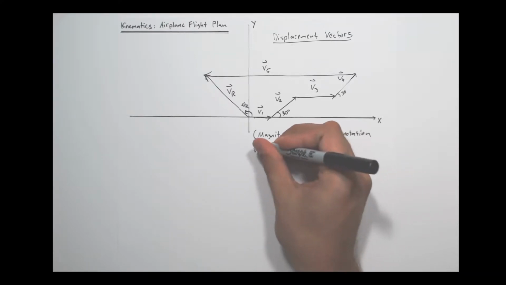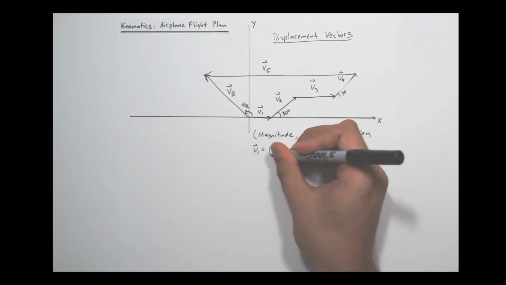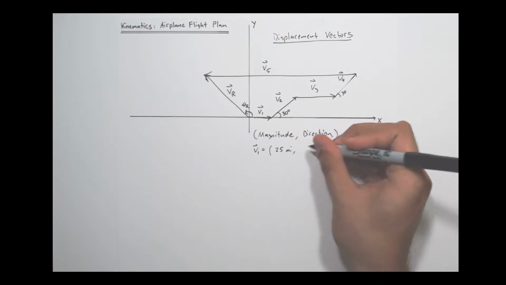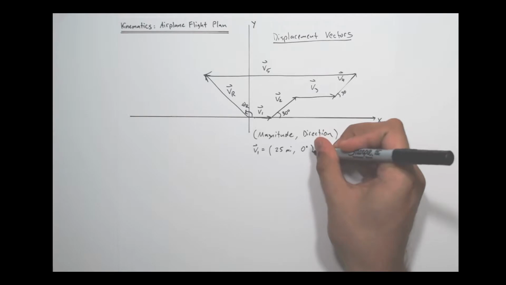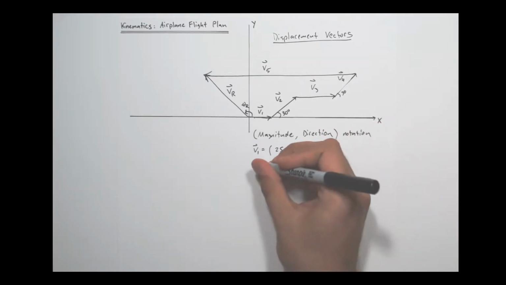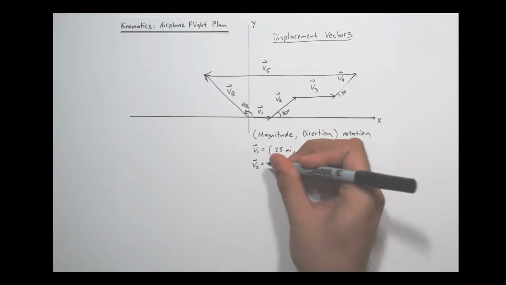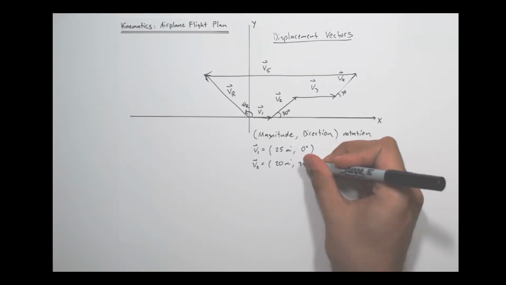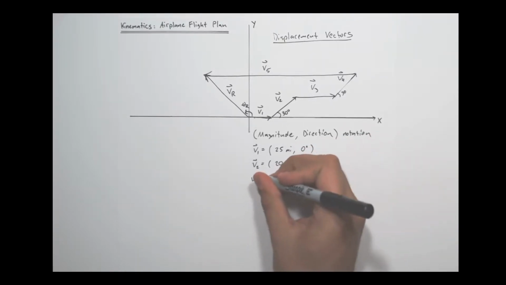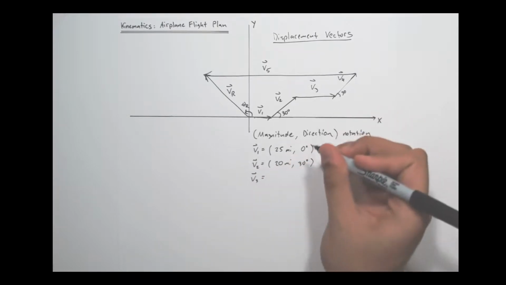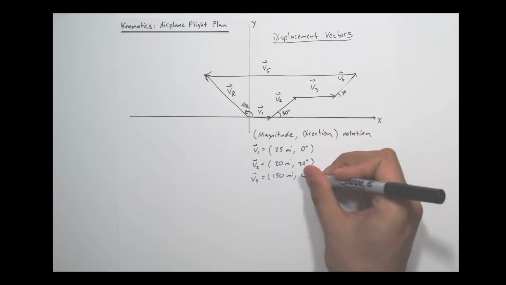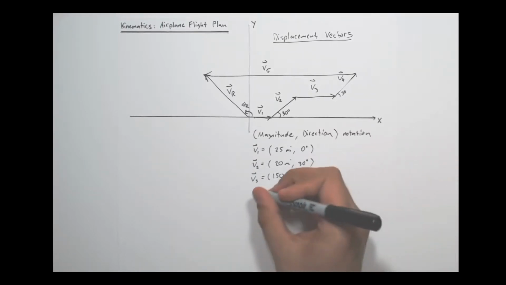We have v1. That is going to be a magnitude of 25 miles at an angle of 0. And now v2 is going to be given to us as having 20 miles along that 30-degree angle path. v3 is another horizontal. That's going to be 150 miles in the 0-degree direction.